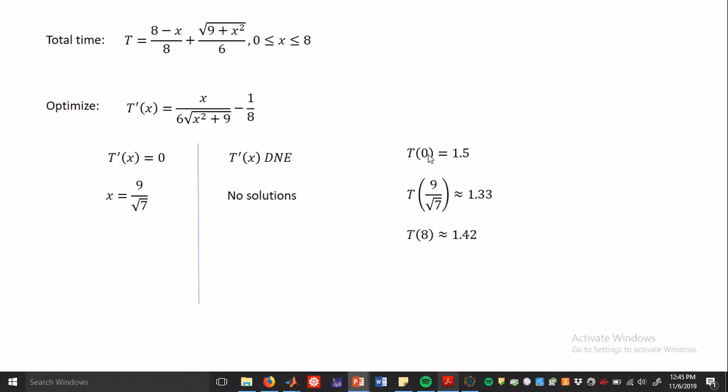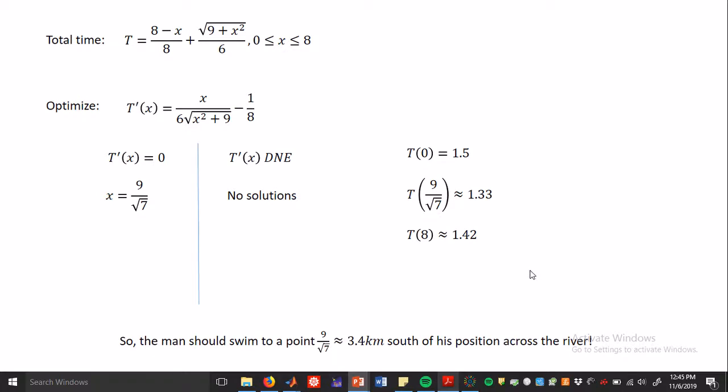I'm going to just compare the endpoints, 0 and 8, and 9 over root 7, the critical number. Plugging all of these into my time function, this is the amount of time it takes in total, we see, although they're quite close, in fact, the best I can do is at that critical number, 9 over root 7, in which case it takes me 1.33 hours as opposed to 1.42 or 1.5 hours in the other two extremes.